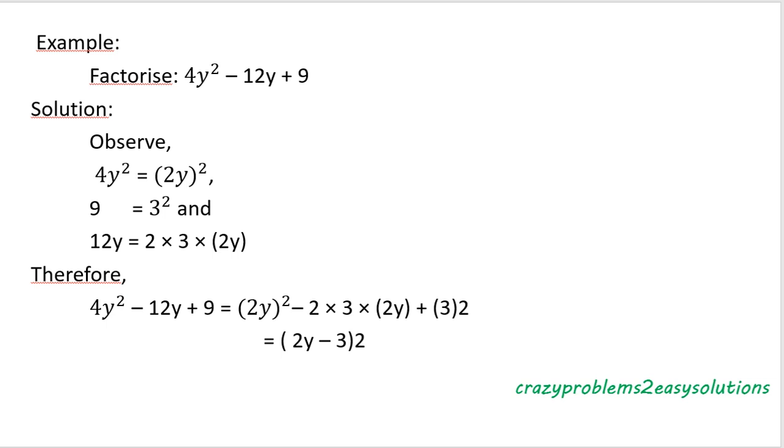Then 2 threes are 6, 6 into 2 is 12, minus 12y. So 4y square minus 12y plus 9 equal to (2y) whole square minus 2 into 3 into 2y plus 3 whole square. So we write (2y minus 3) whole square.